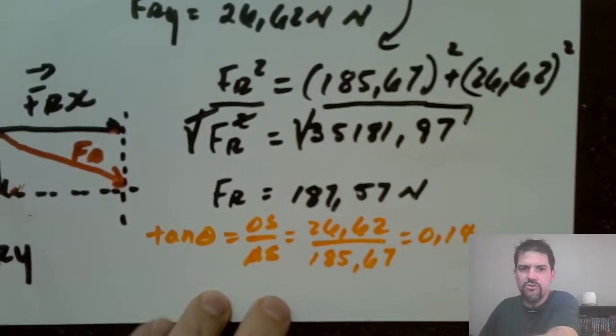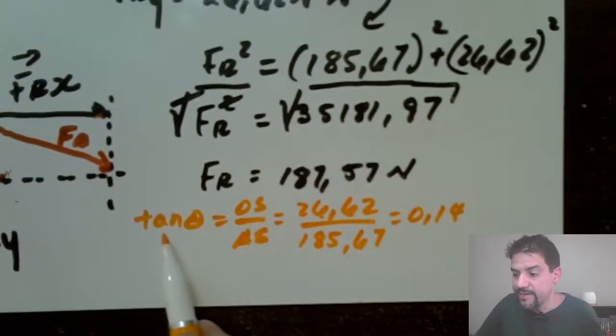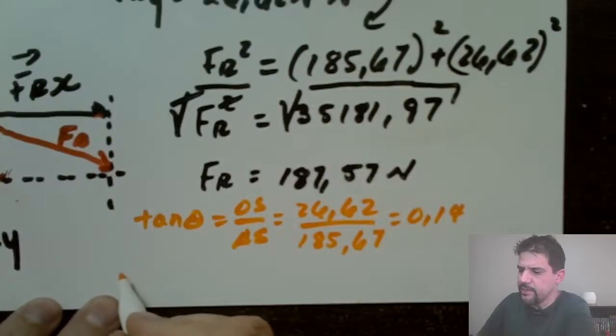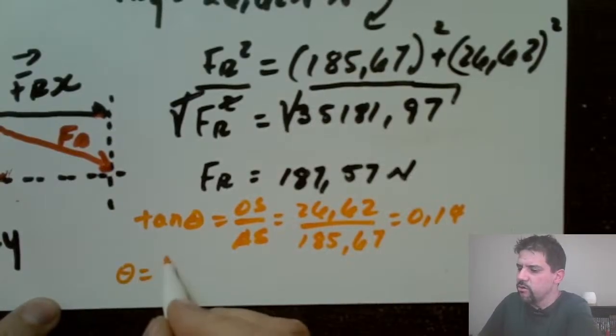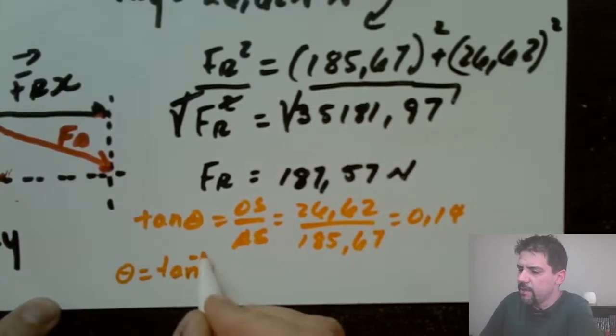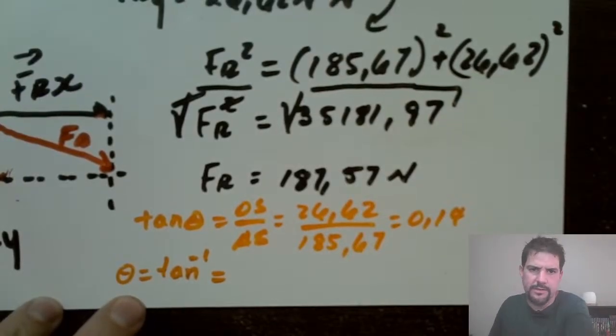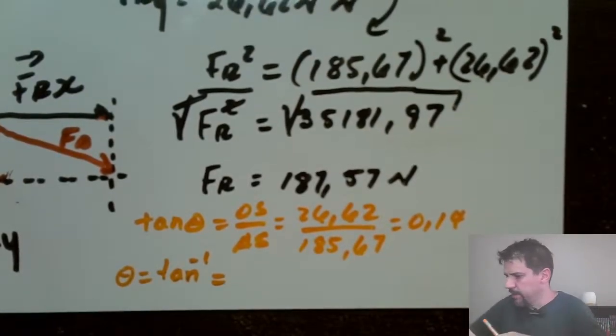0.14. This one is not the angle. This one is tan of the angle. So to get the angle, I'm going to write it here. Theta is equal to tan inverse of the answer you got. Not the equal, the answer.